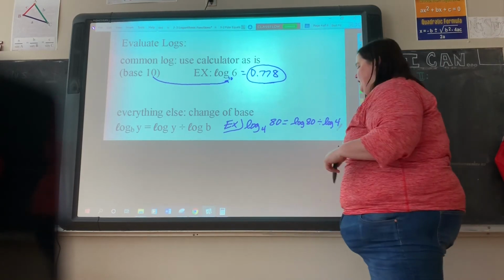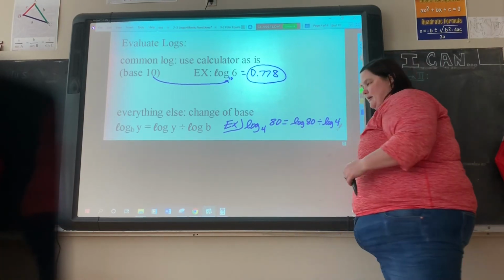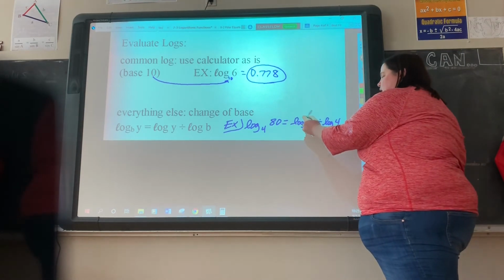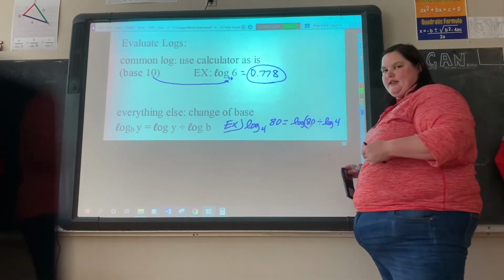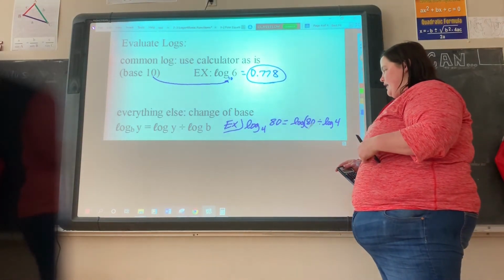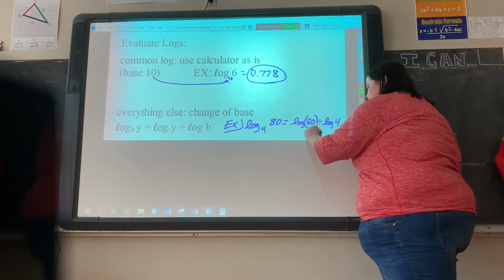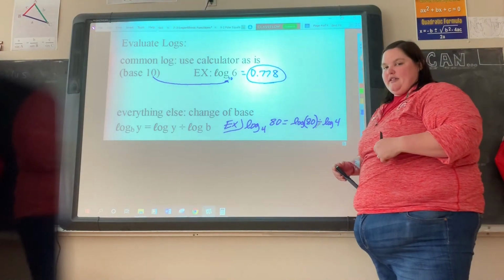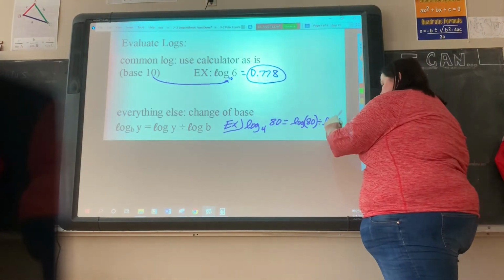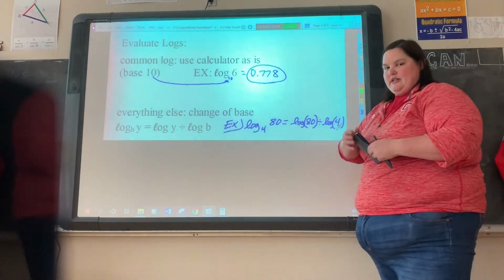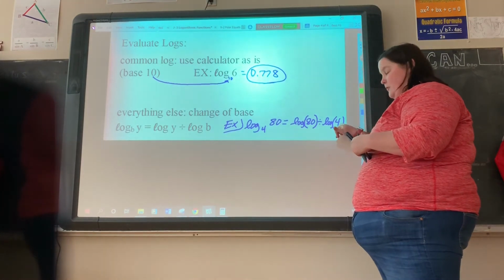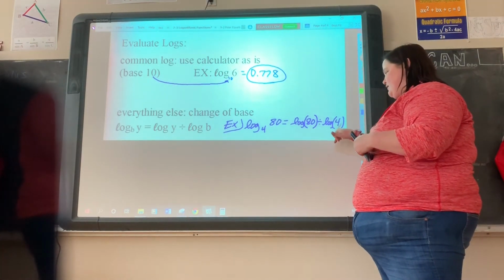Now some calculators, like my blue calculator, automatically put a parenthesis when you type log. So if you want to make sure you evaluate this correctly, make sure you close that parenthesis before you hit divide, otherwise it reads it incorrectly. And same thing here, I usually just go ahead and close it. Some calculators require the parenthesis at the end, some don't, so I just go ahead and do it.